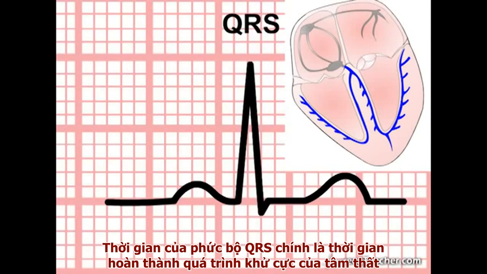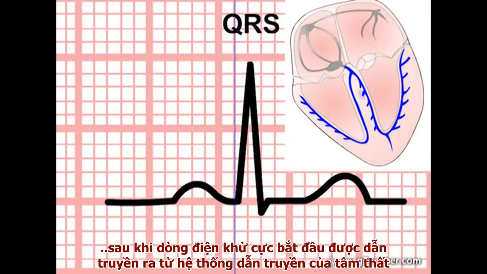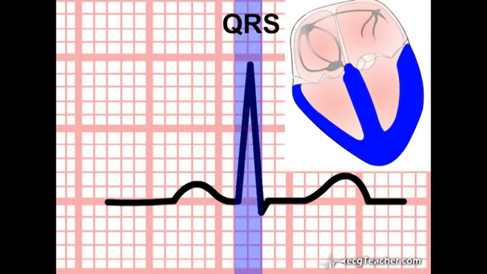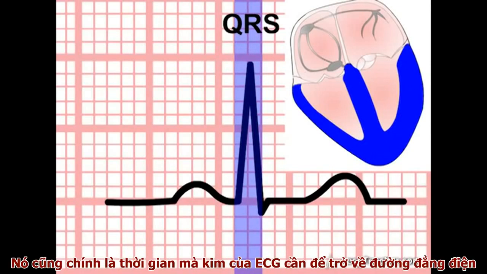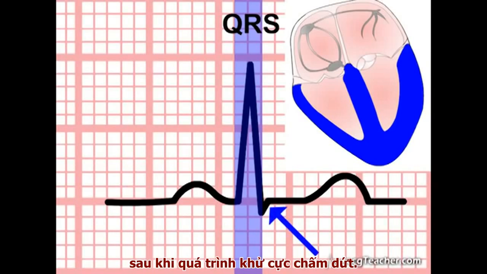The duration of the QRS complex represents the time taken for ventricular depolarization to be completed following the release of depolarizing current from the conducting system. It also includes the time taken for the recording needle to return to baseline when the flow of depolarizing current in the ventricles has ceased.